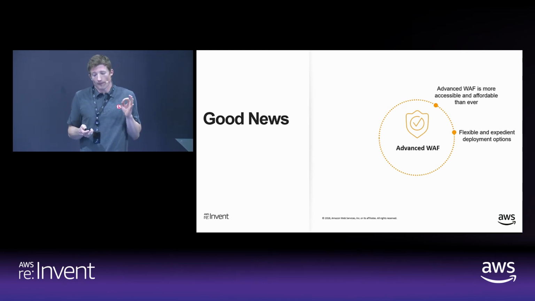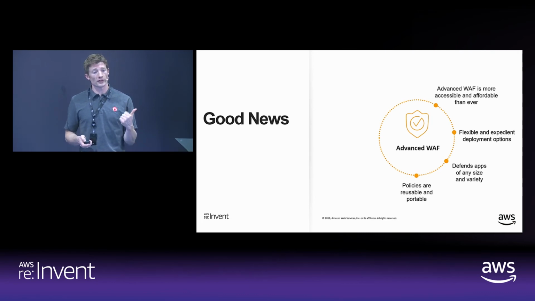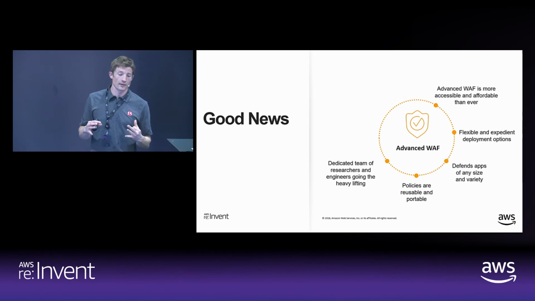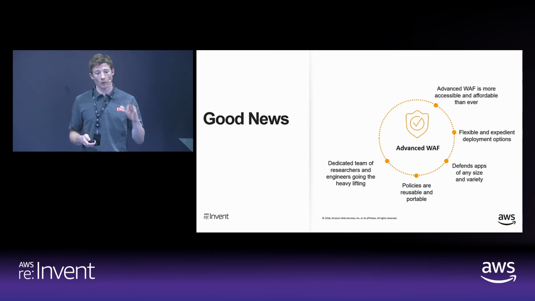There's really any type of application we should be able to defend, of any size and any variety. Policies are reusable and portable: the same policy on-premise should translate to the cloud. And we have dedicated teams of researchers doing all of this heavy lifting for you, offloading that work effort from your teams.